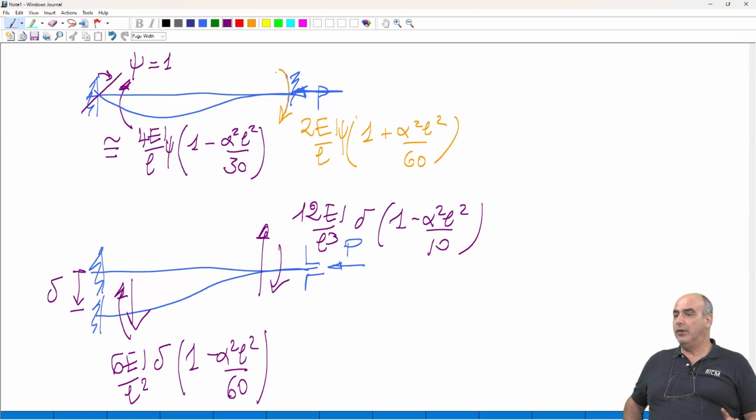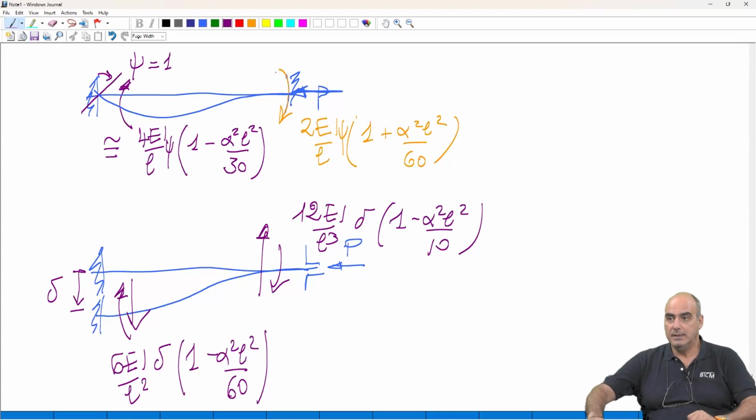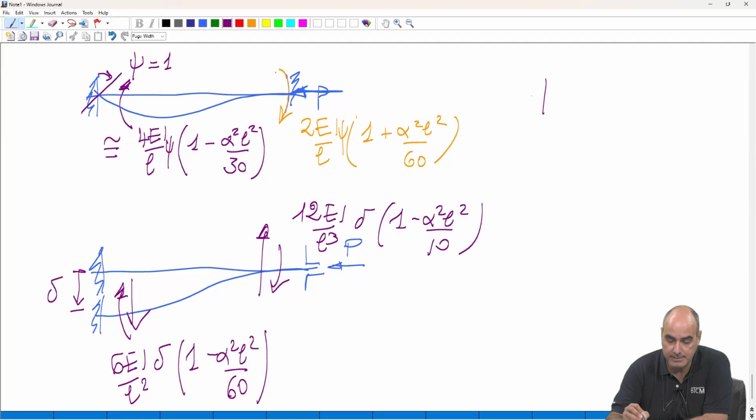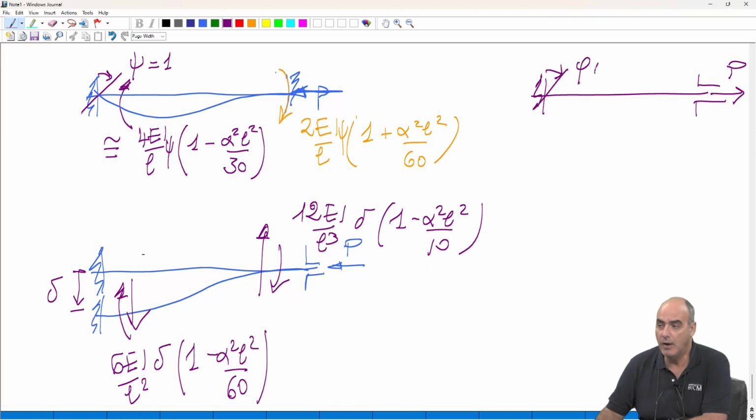This kind of formulation has another interesting outcome: you can apply it in the same way in the case in which your axial force is not compressive but tensile.